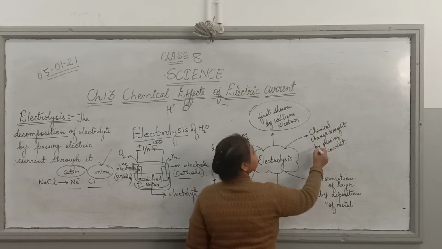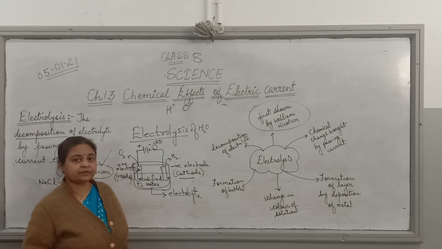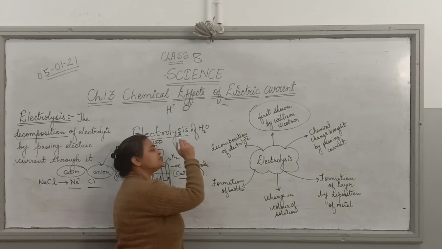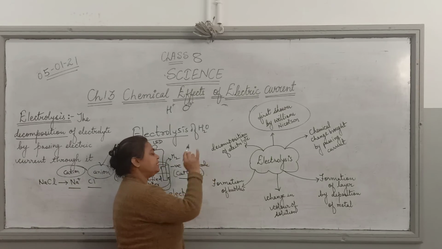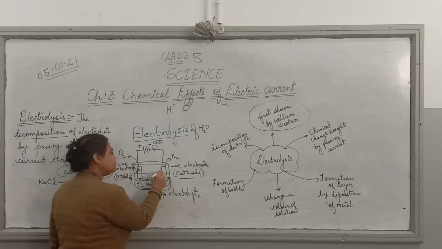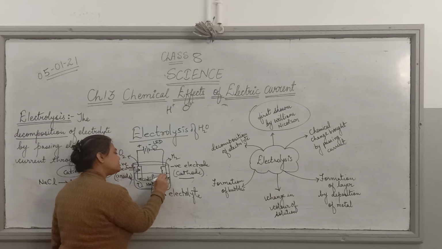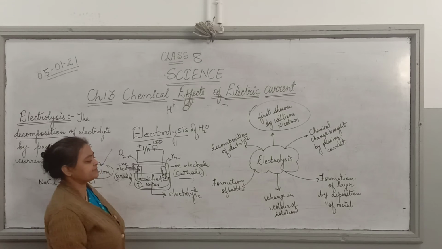So, chemical change is brought about by passing electric current. Decomposition of the electrolyte takes place. Bubbles of hydrogen and oxygen can be seen at the electrodes.